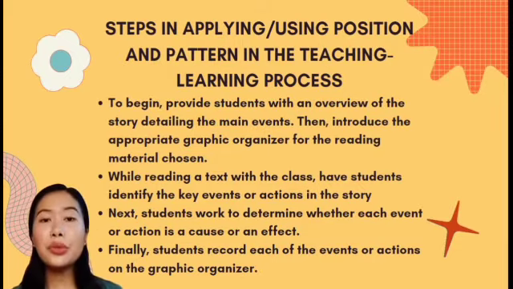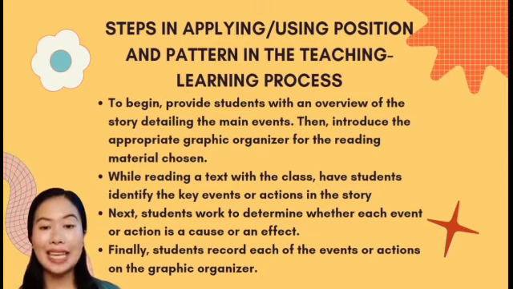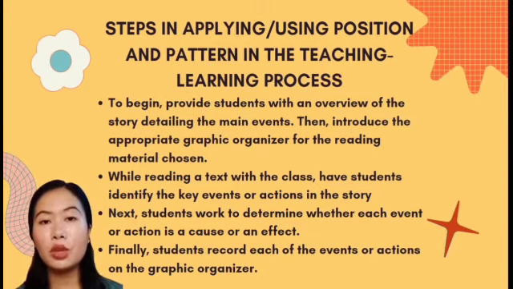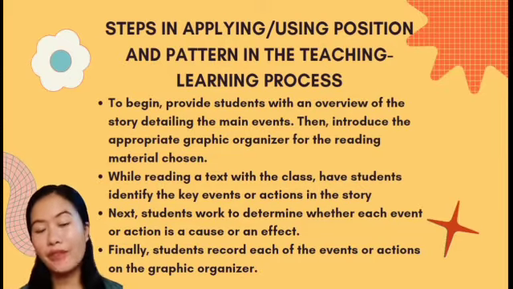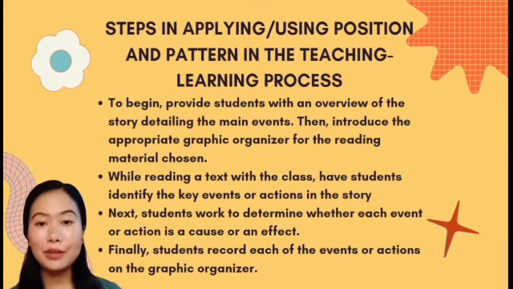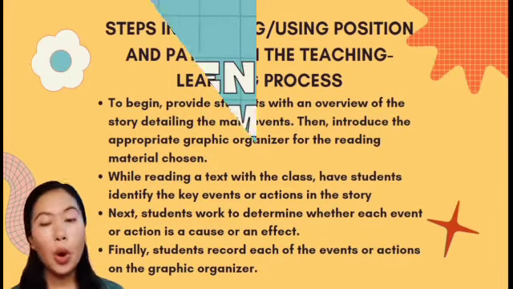Second, during the reading of the story, let the learners identify the events and important actions in the story by taking down notes. Third, students will determine whether the events or actions they listed are cause or effect. Lastly, students will finalize the graphic organizer by filling in the events in the category of cause or effect.